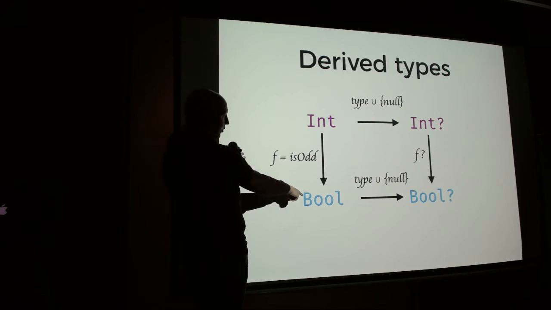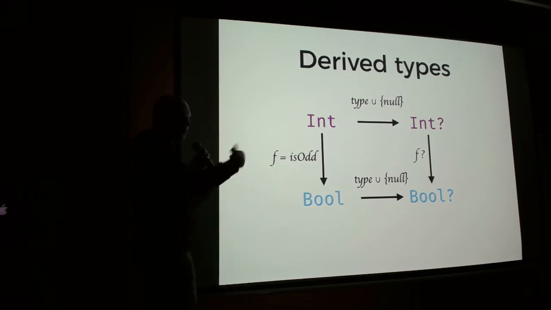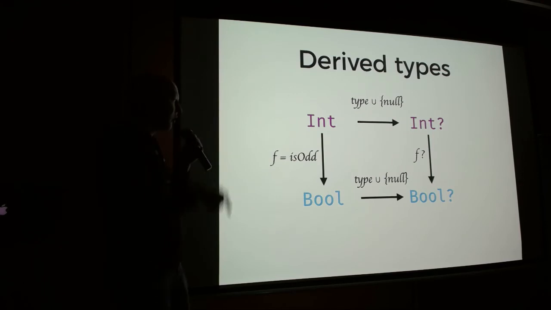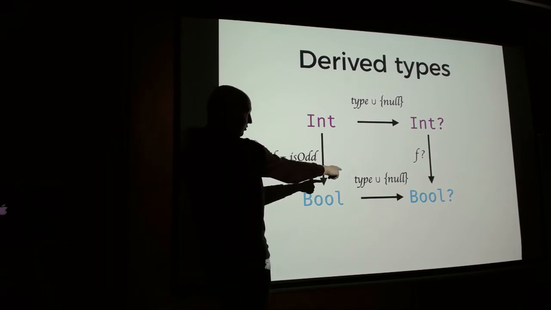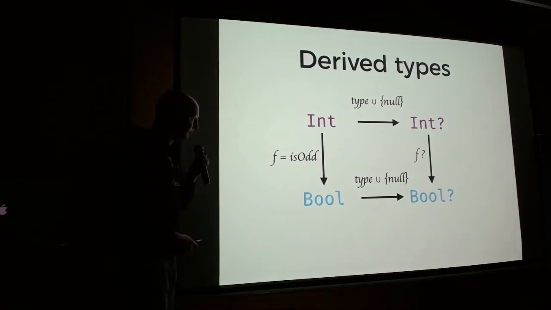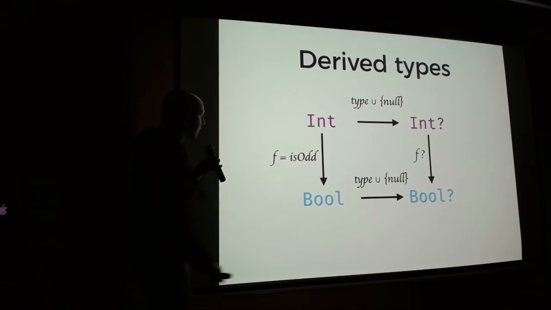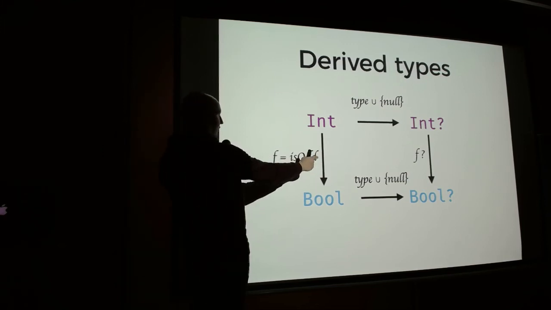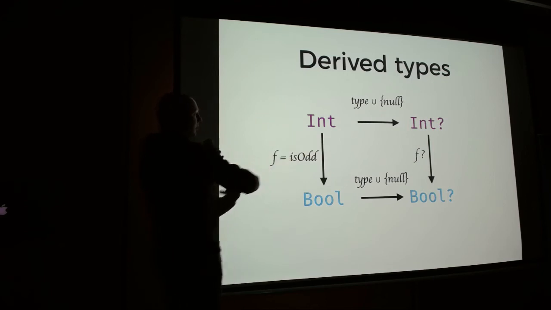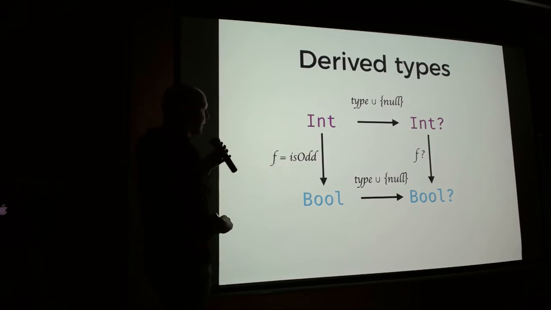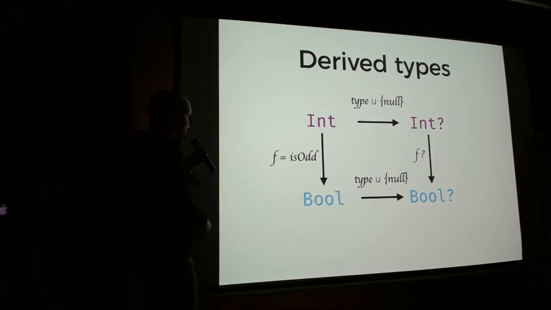And we can apply the same transformation on the bool type, right? Same set operation, set union. We just add null, and we get nullable bool. But okay, so now we have two brand new types, and we still want to check if this nullable int is odd or not using this function.